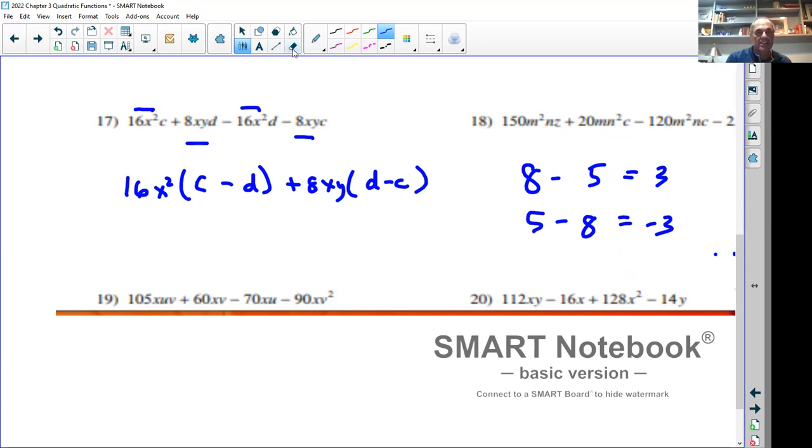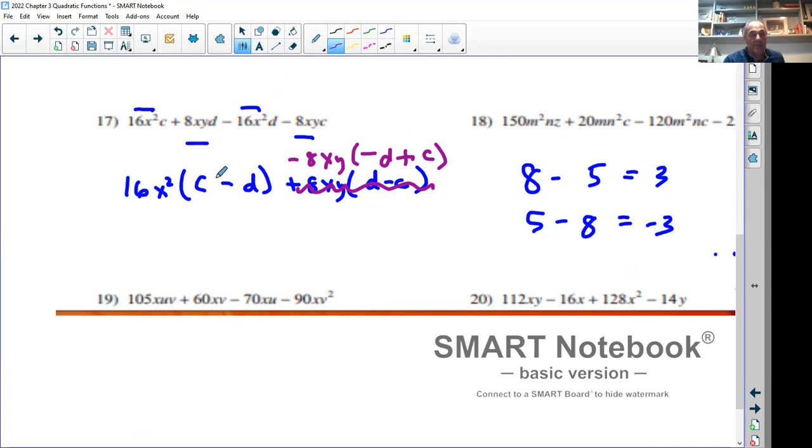So what if I had factored out a -8xy? This divided by -8 is negative D, and this divided by -8 is positive C. Let's look at that. I have C minus D, I have negative D plus C. Those are in fact the same. Both negative D and both positive C.